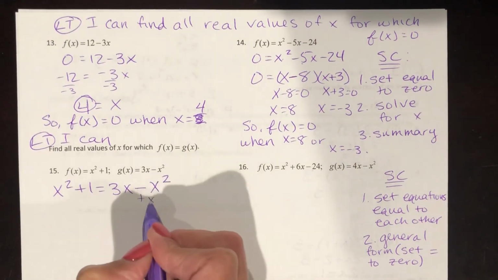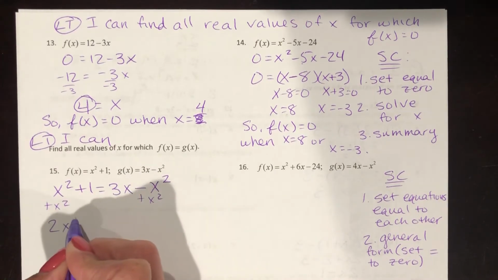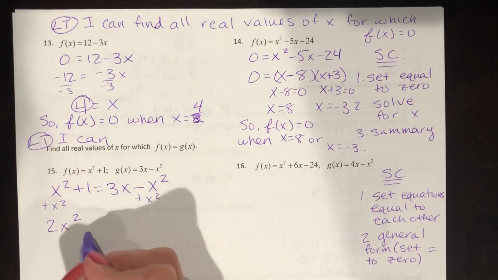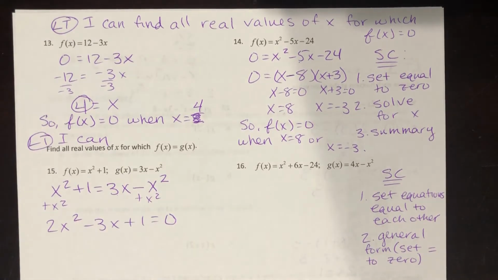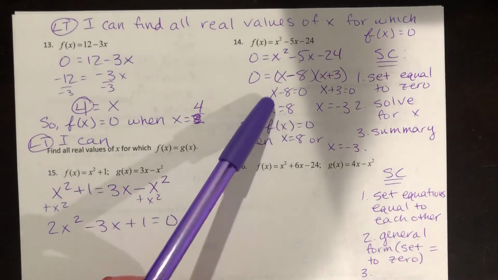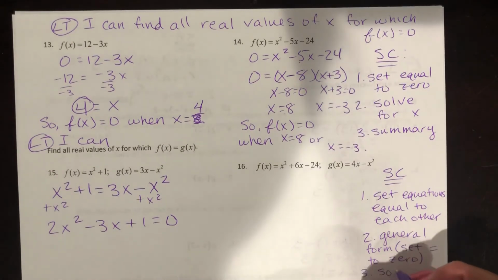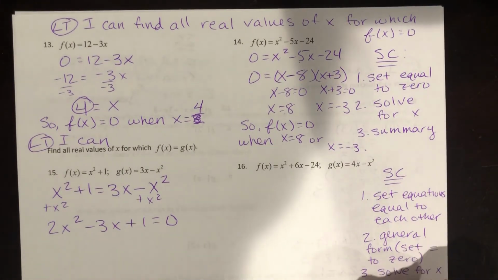I'm going to add this x squared. So that's 2x squared minus 3x plus 1 equals 0. And now I can solve for x, just like I did above in these problems, and then do your summary.